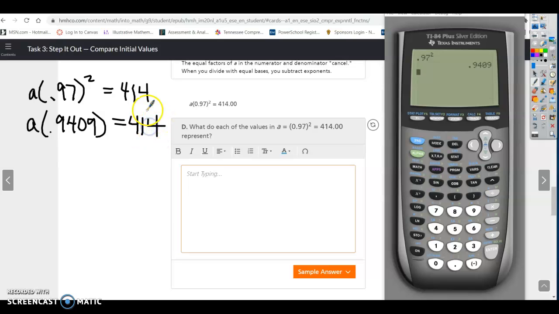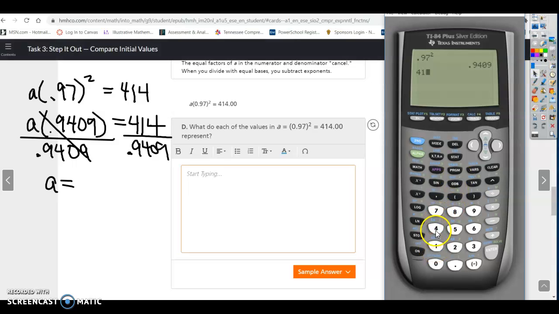When we solve an equation, we're solving for a. This is multiplication, so the opposite of multiplication is division. We do the inverse operation and divide both sides by this number, and that leaves a equals 414 divided by 0.9409. And that gives us an a value of about $440.